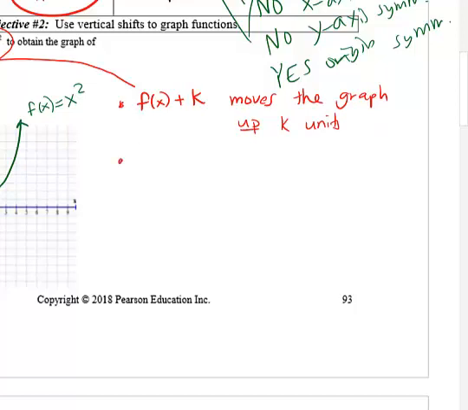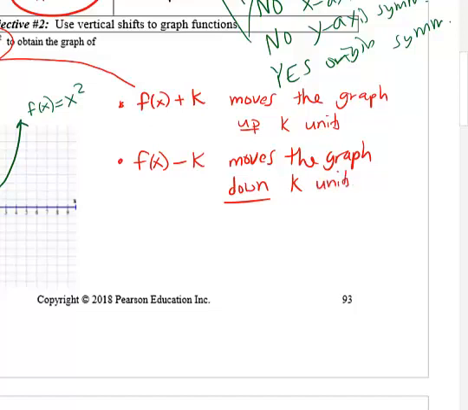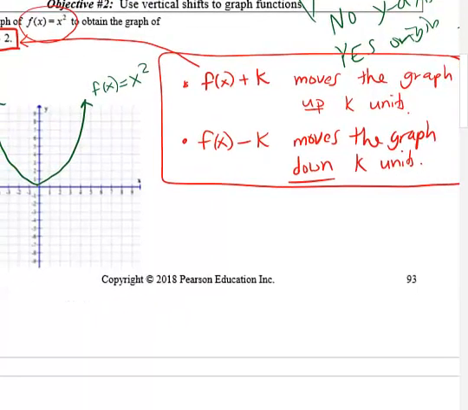But if it's a minus sign, like it's a basic function that we've memorized, the ones that we drew at the top of this page, and then we subtract a number at the end of it, that moves it down that many units. Moves the graph down k units. Okay. Just so we have that, that was a couple sections back maybe.